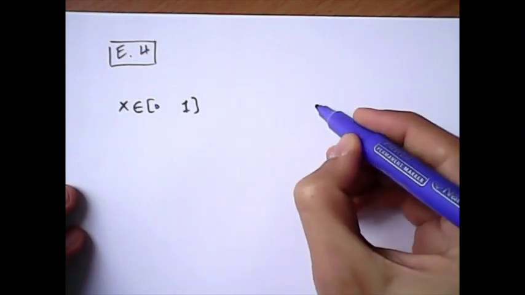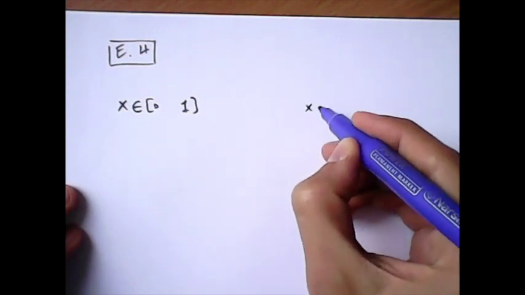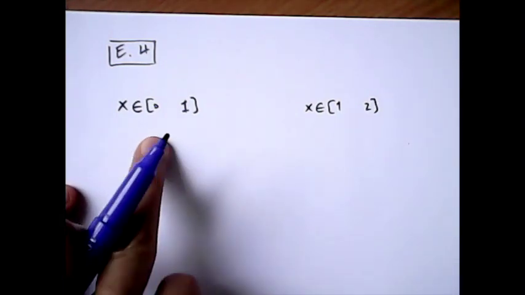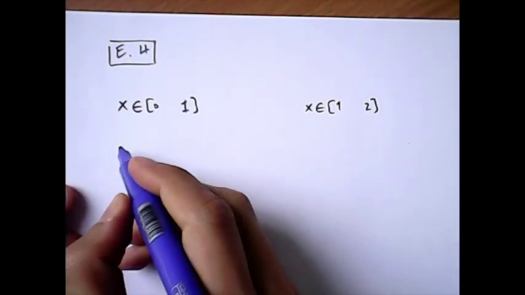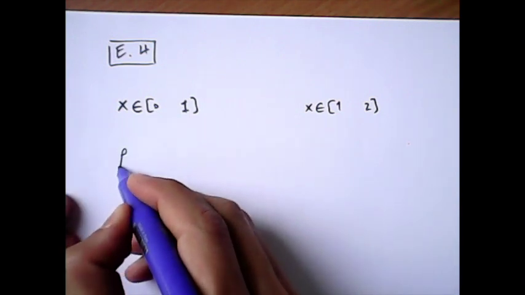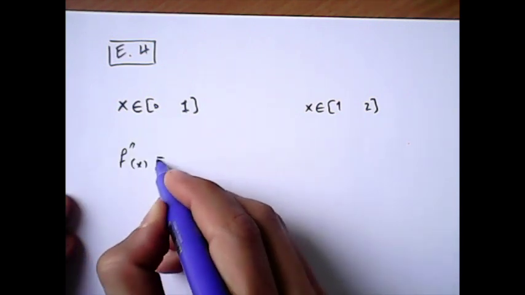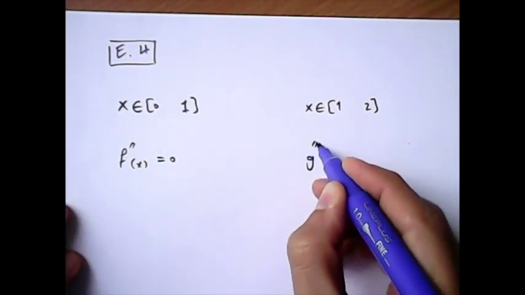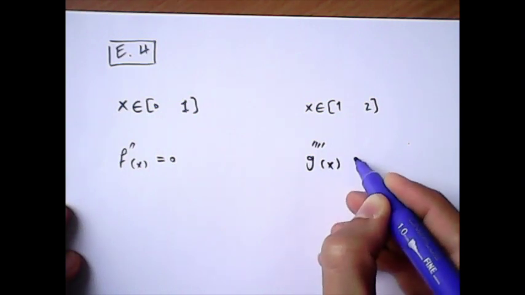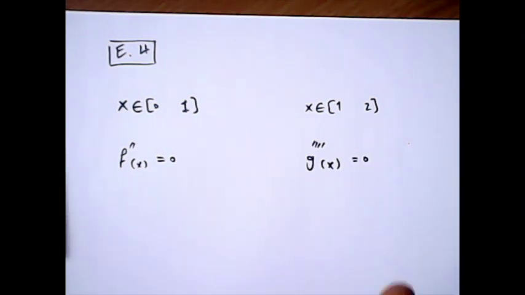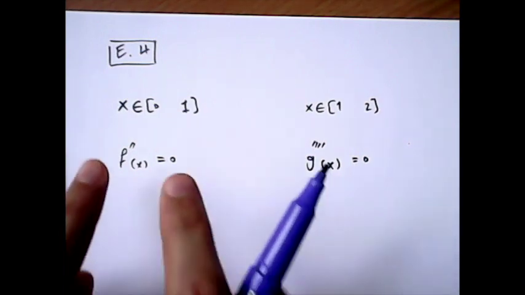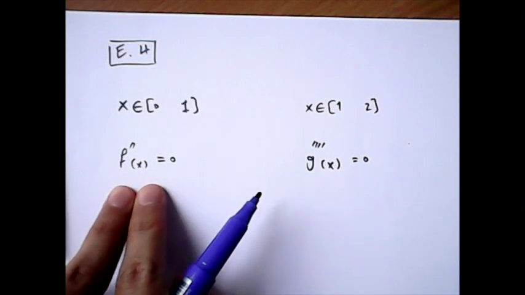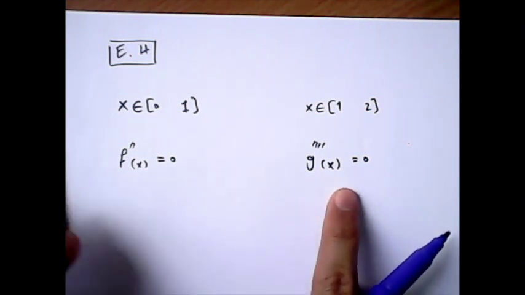This is domain number 1. And we have another one, x belonging to 1 to 2. On this domain, we have second derivative of f equals 0, just like the previous example. And on this one, we have fourth derivative of g equals 0. Up until here, it just looks like the previous example. The domains are the same and the differential equations are also the same.